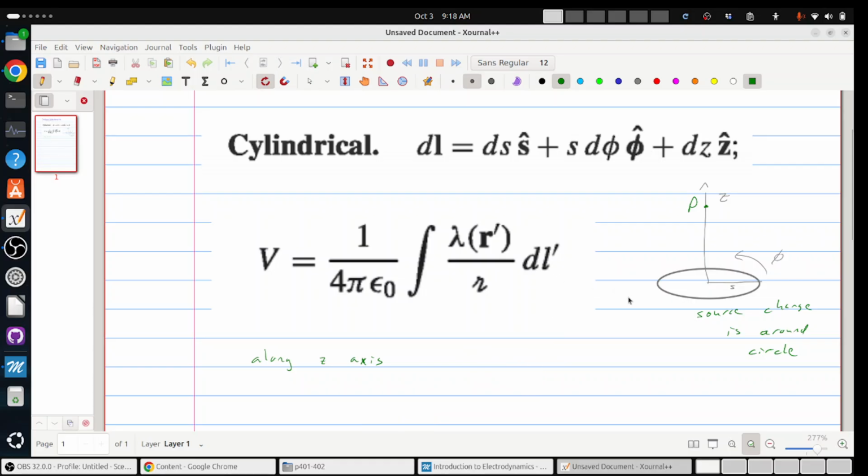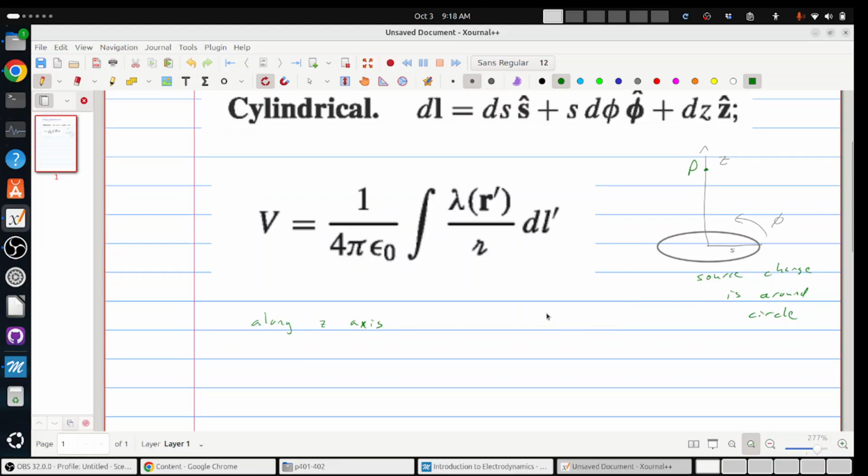First of all, I want to talk about what that density would be. I've got some value for s, and my s is the radius of this circle. Now, in general, s is the distance from the center, the radial distance. I'm just going to leave it as a value of s.